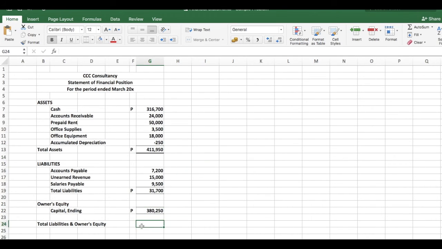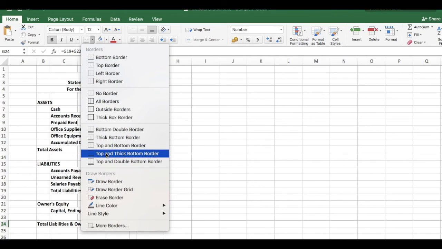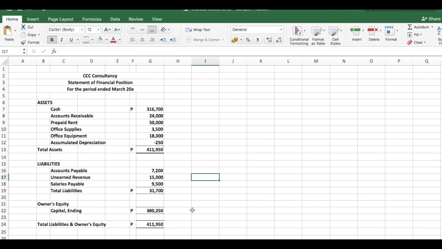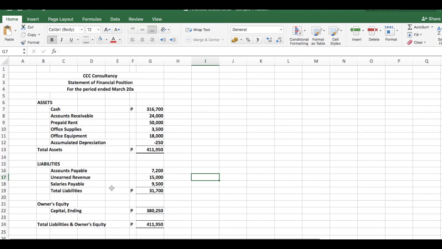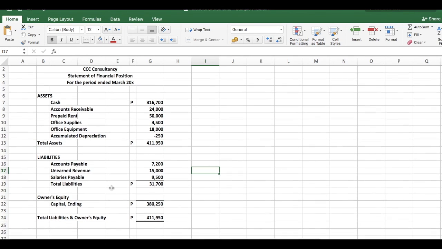Because what we will double rule is the total liabilities plus owner's equity. 31,700 plus 380,250, and that's equal to 411,950. Assets is equal to liabilities plus owner's equity. That would be your statement of financial position. Okay.